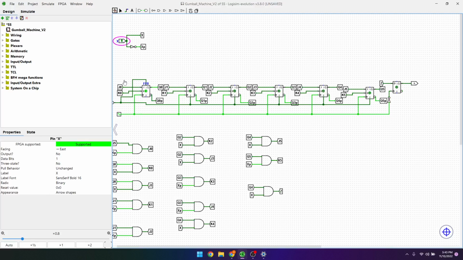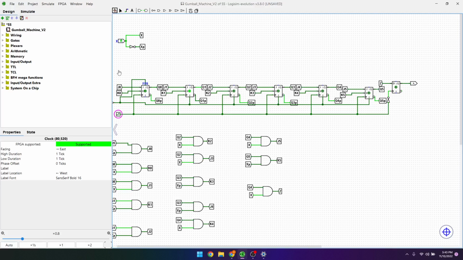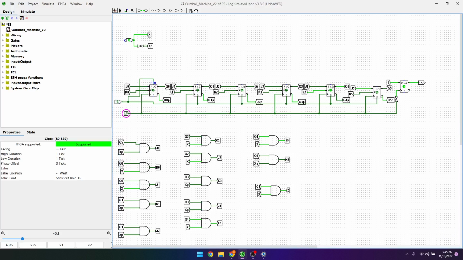Did I miss it? There it is. So now we've turned it on, and it's given us the gumball. I don't know why that was so hard to figure out, but we got it.